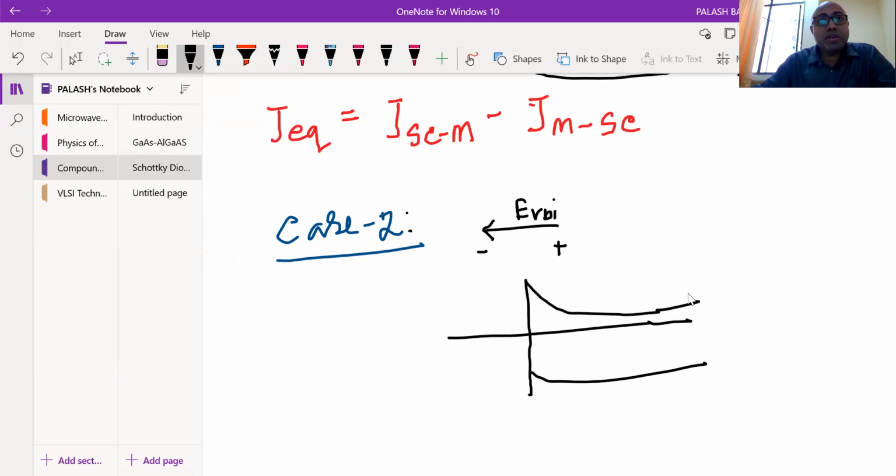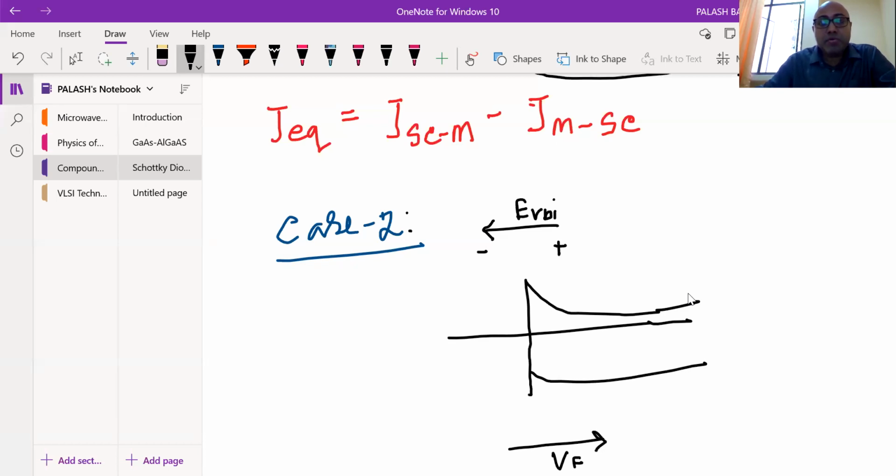Now, if you want to make this junction forward bias, you have to apply a counter electric field, which is actually this one, right? So V applied or V forward bias, whatever.